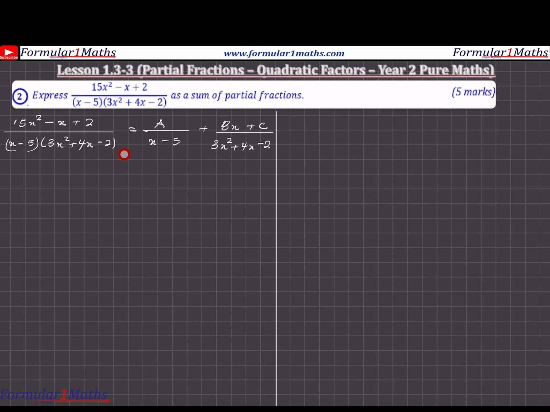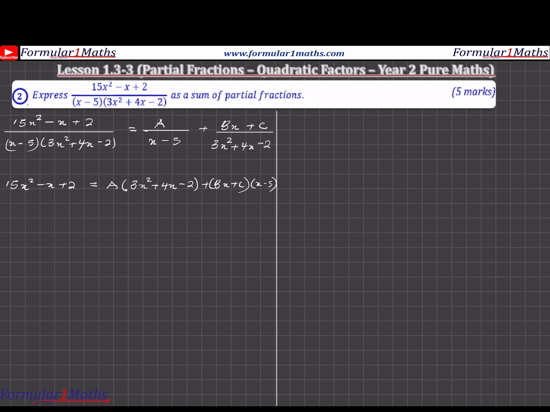So if I do that, I'm going to be left with 15x squared minus x plus 2 on the left-hand side equals a bracket 3x squared plus 4x minus 2 plus bx plus c times x minus 5.